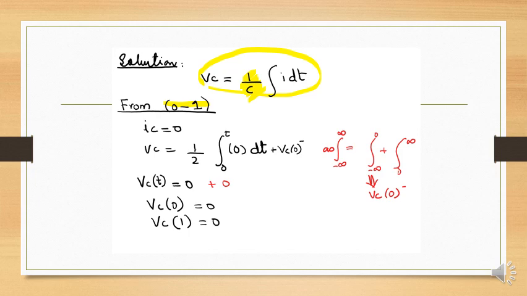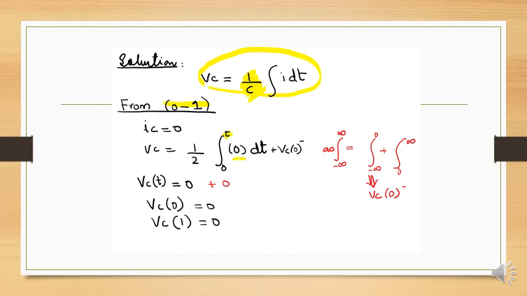Now we put the value 0 as the amplitude of I in our formula, and we get Vc of t equal to 0 from 0 to t. We write 0 to t because we have the limit of t. We don't write from 0 to 1.